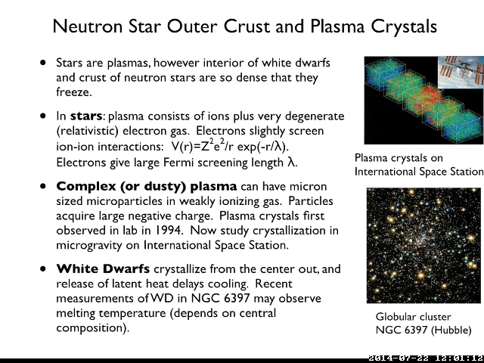You can form dusty plasmas in the lab, where you have micron-sized microparticles that get charged up. If you cool the system down, you can actually form a plasma crystal of these microparticles, and it's easiest to do that in microgravity.